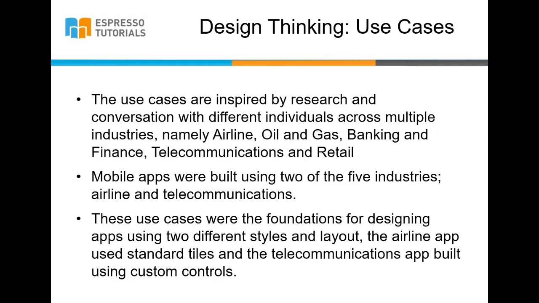And the telecommunications app was built mainly using custom controls. And the custom controls are pretty much, as the name suggests, controls that exist in OpenUI5 that can be customized to suit a particular purpose. And for this purpose, it was using d3.js to create charts, right? To create bar charts, a ring chart, and a line graph.